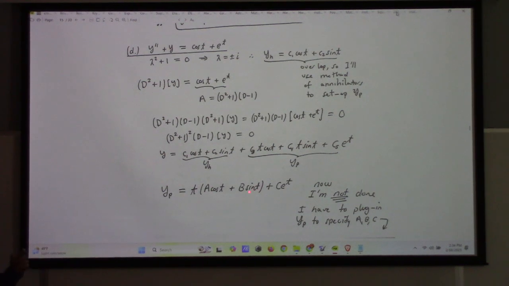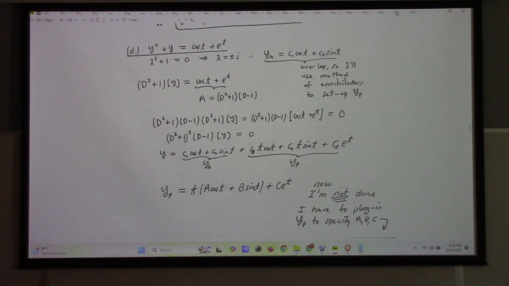On the flip side, if I say set up but do not determine the coefficients, do not determine the coefficients. You need to follow instructions to keep yourself from harm. Ignoring those instructions can make the test much more difficult than it actually is. So anyway, this is my particular solution.